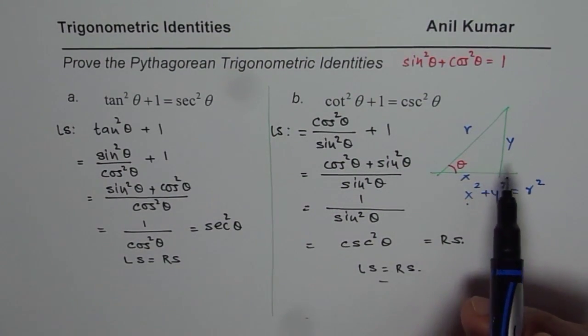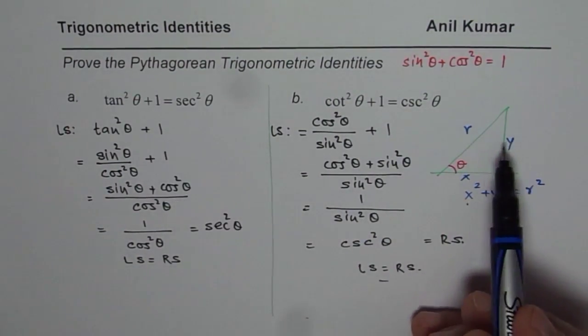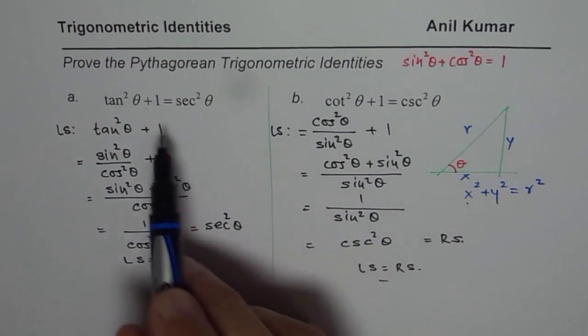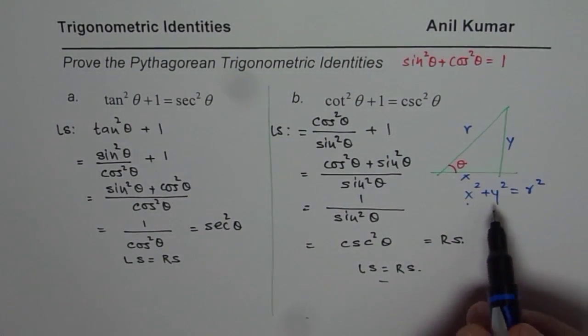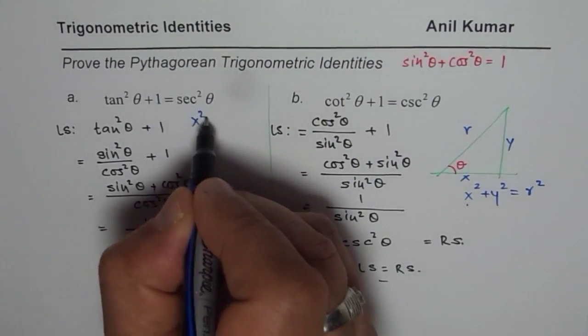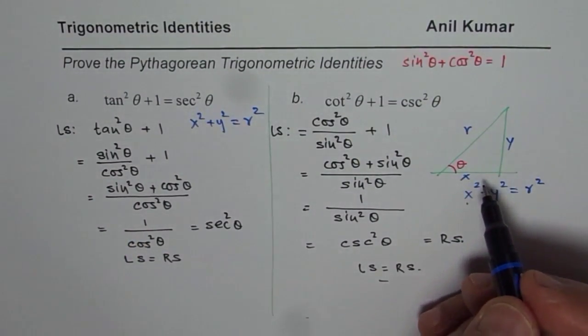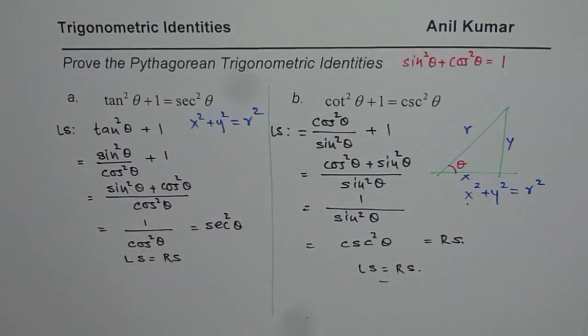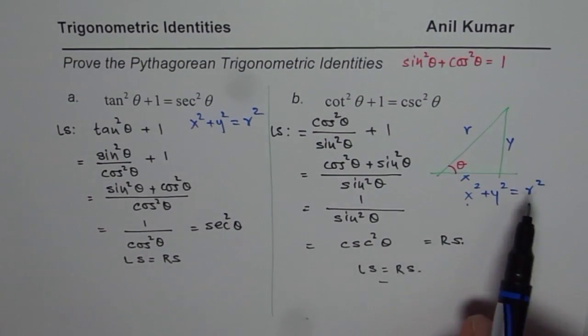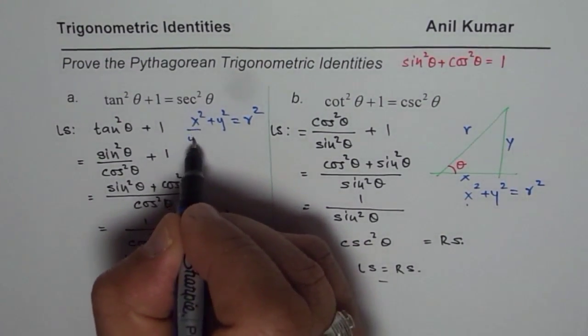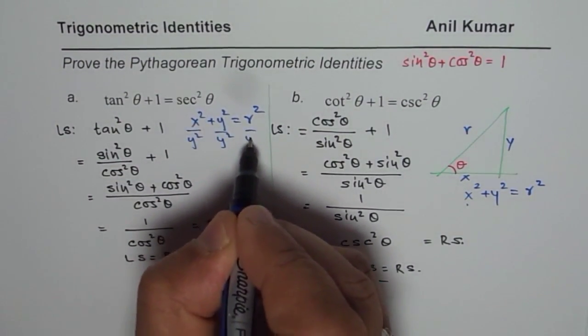So what is tan? Tan is y over x. To get this identity, let me show you here. We have x square plus y square equals r square. We are taking help of the right triangle to prove this identity, in addition to the previous method. So if I divide by y square, what do I get?